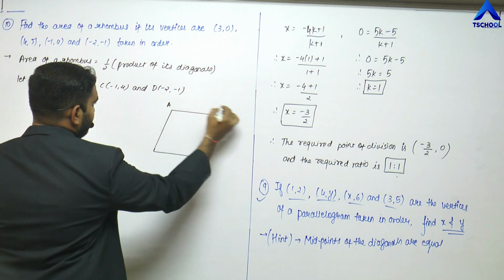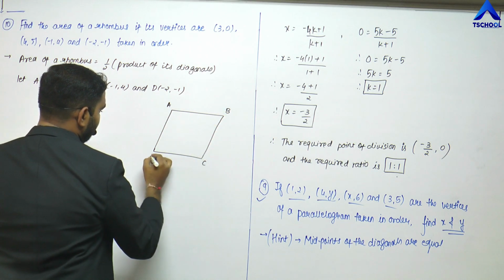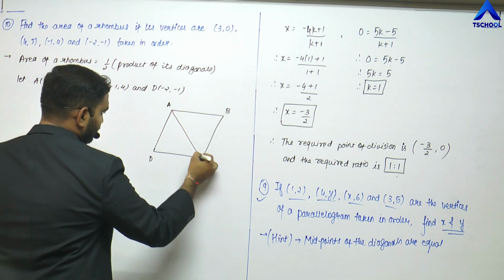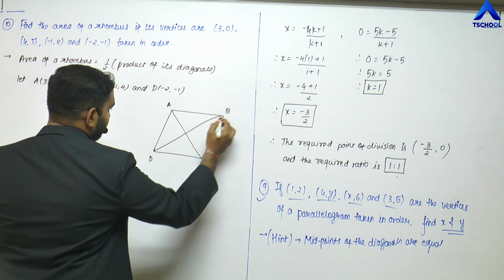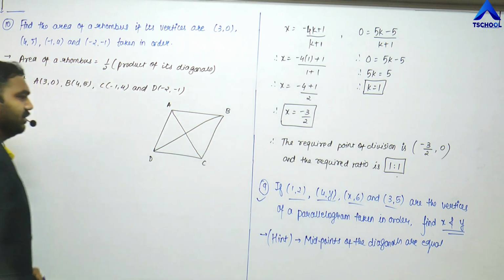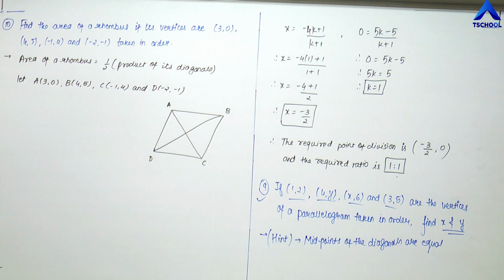That is my A, B, C and D. So this is my first diagonal, this is my second diagonal, right? So AC into BD, that will be my answer. But product of its diagonals means product of the length of the diagonals.